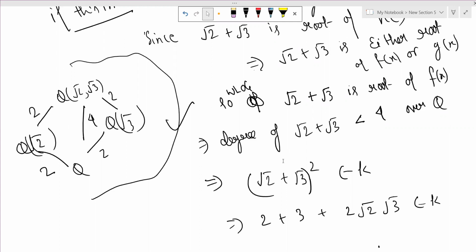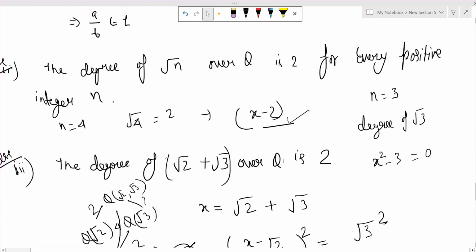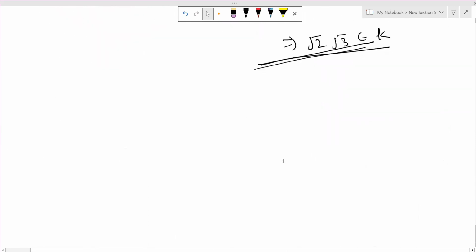So root 2 plus root 3 is there. This is a 4-degree extension, so the degree of root 2 plus root 3 must be 4. This is also a possible way that someone suggested, but sorry that we could not complete this approach this time. If you have any idea, you can suggest. Otherwise we can go ahead.